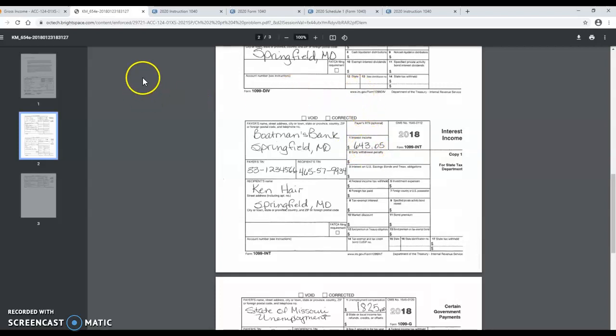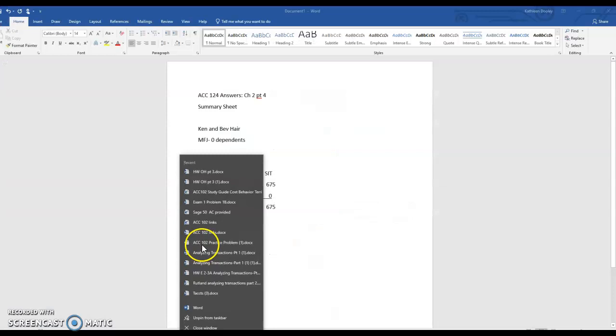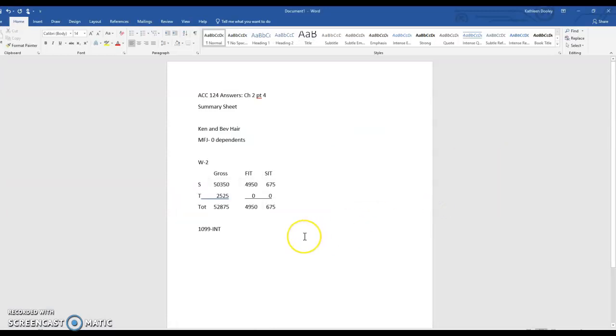So I'm going to go back here, and this is from Boatman's Bank, and that was $643.